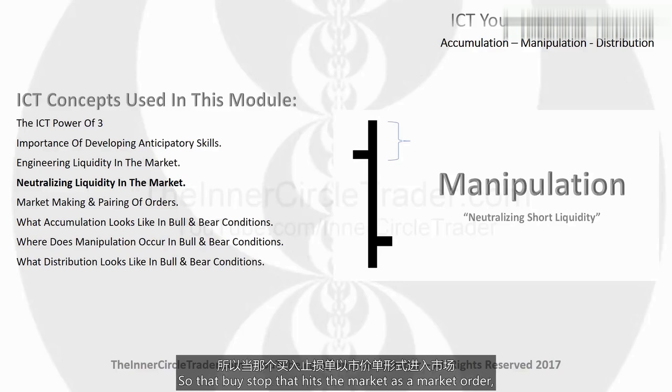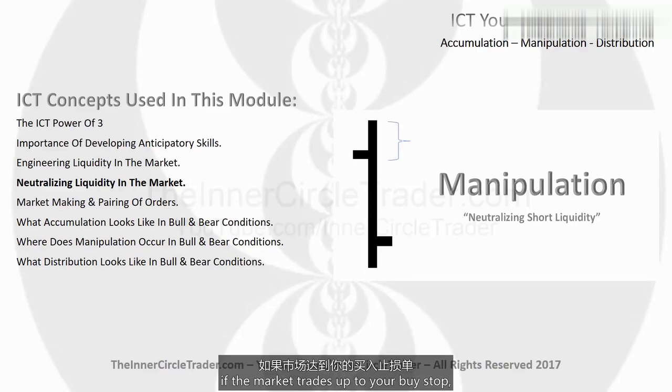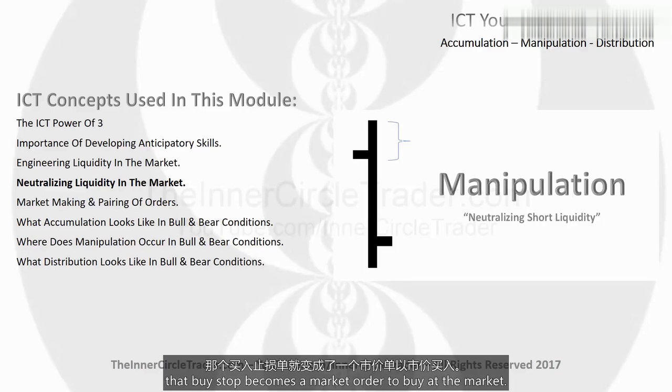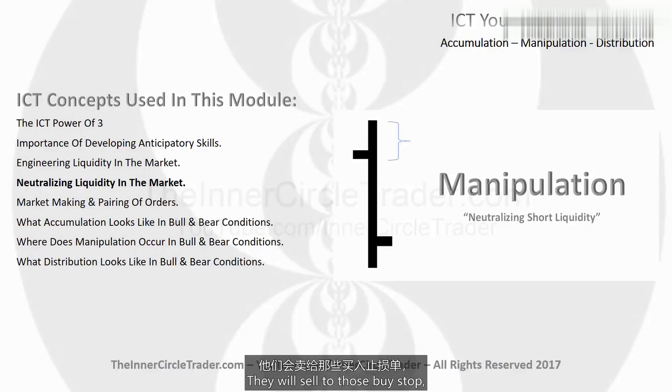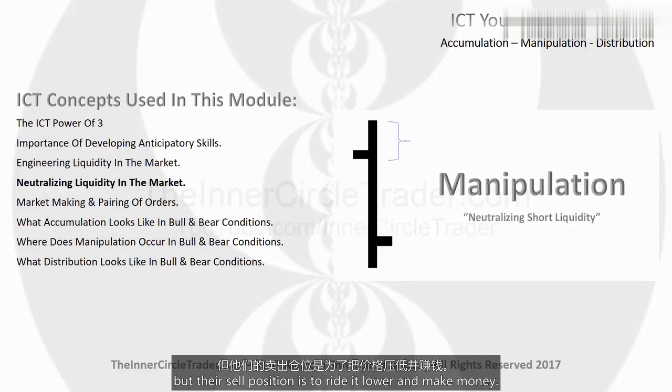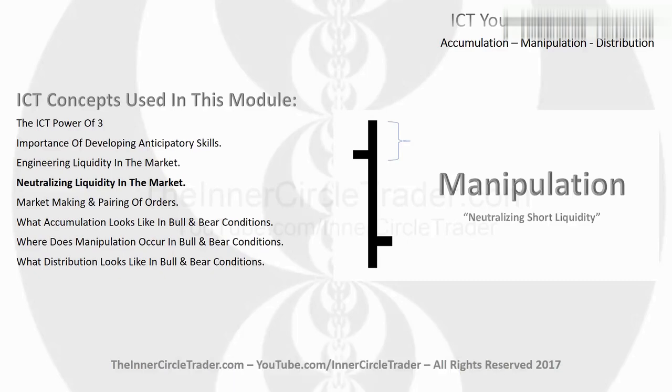So that buy stop that hits the market as a market order, smart money will sell to their willing buy stop. So in other words, if the market trades up to your buy stop, that buy stop becomes a market order to buy at the market. Smart money will be counterparty to that. They will sell to those buy stops, but their sell position is to ride it lower and make money.